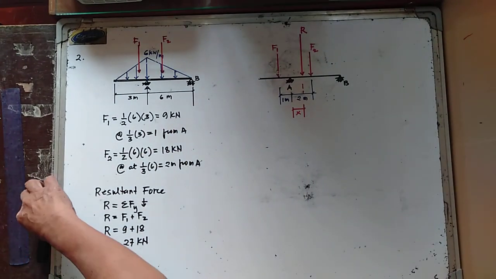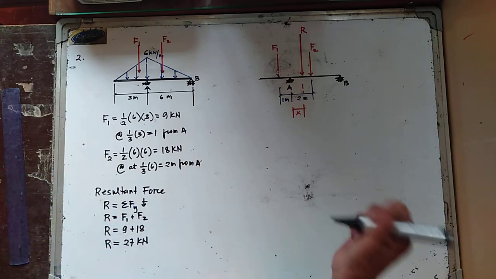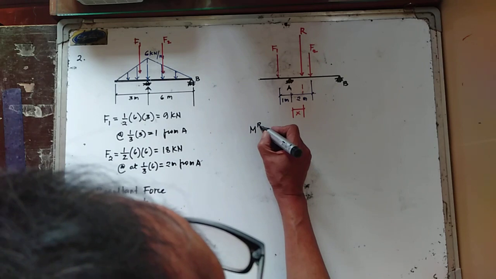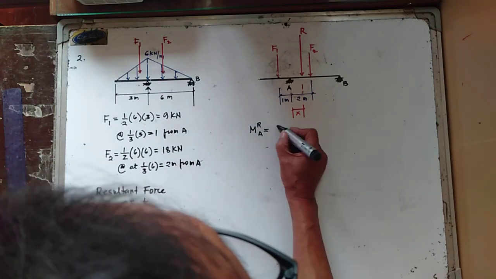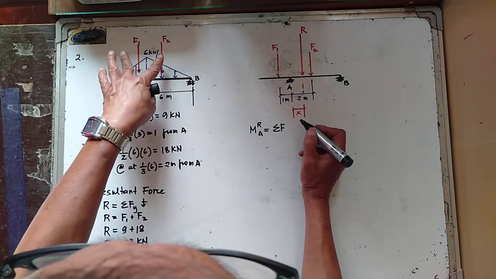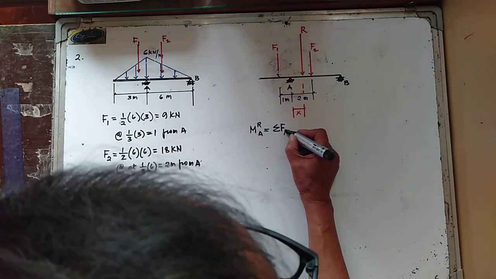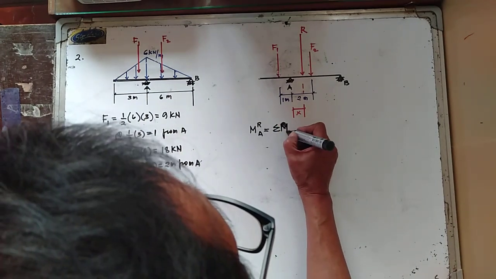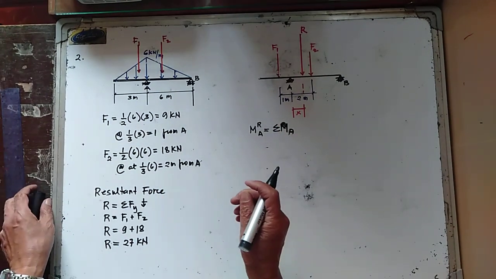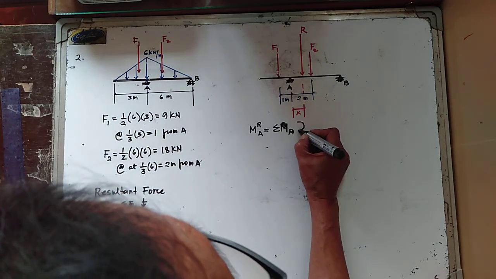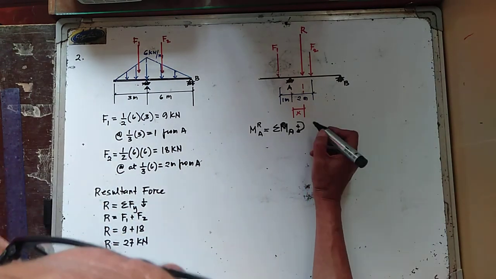So the moment of the resultant about point A is now equal to the summation of moment of all the forces on the system about point A. So we have summation of moment about point A. So I'm going to get clockwise moment to be positive.